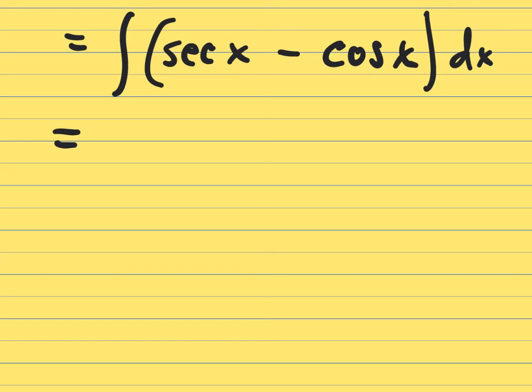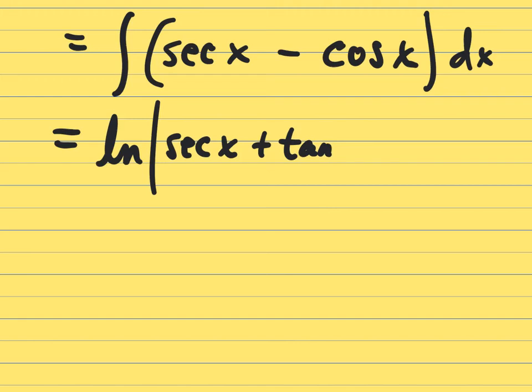Secant has a really gnarly antiderivative: natural log of secant x plus tangent x. Cosine has a nice antiderivative of just sine. And then plus c, our constant of integration.